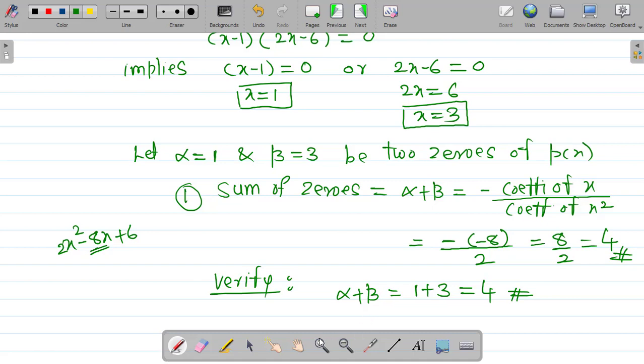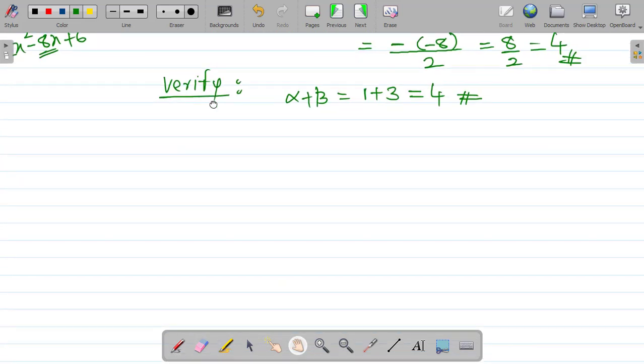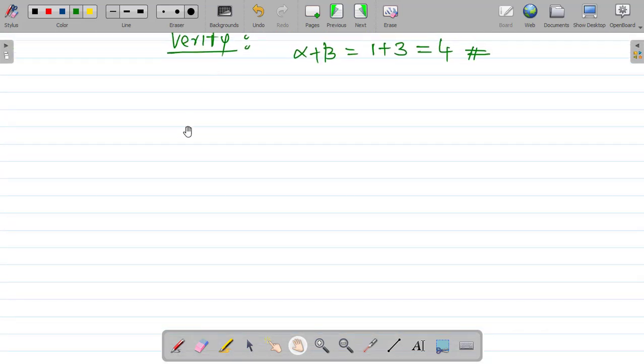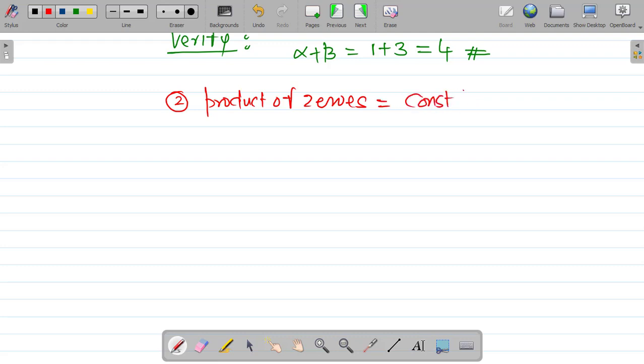Now what is the second relationship? The second relationship is the product of zeros. Product of zeros is equal to the constant term upon the coefficient of x square.